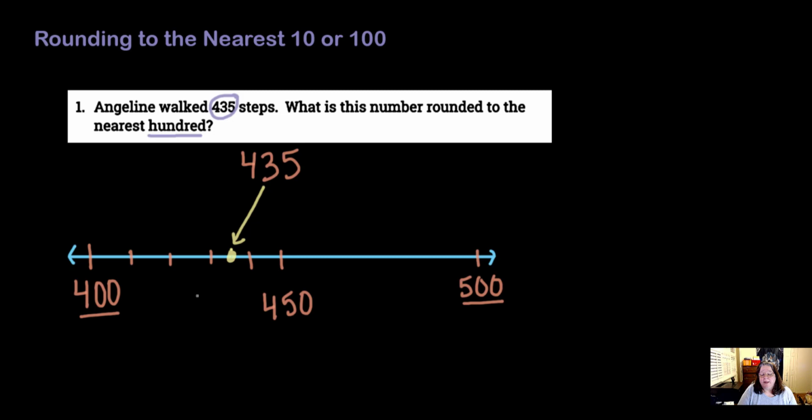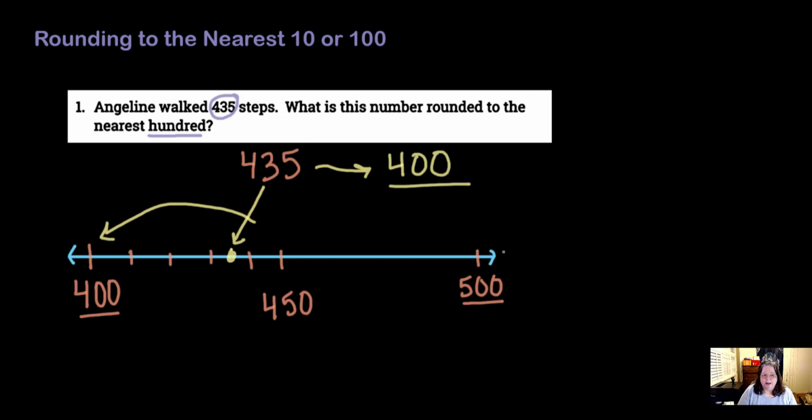Okay, again, why is that important? Well, anything less than the midway point, less than 450, would round down to 400. So 435 rounded to the nearest 100 would be 400. Okay, that's the first one.